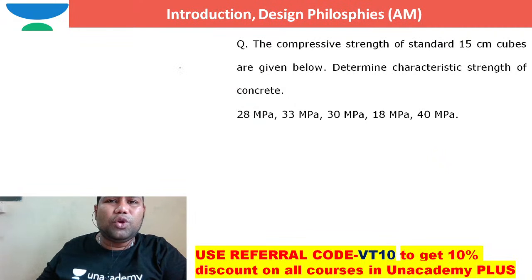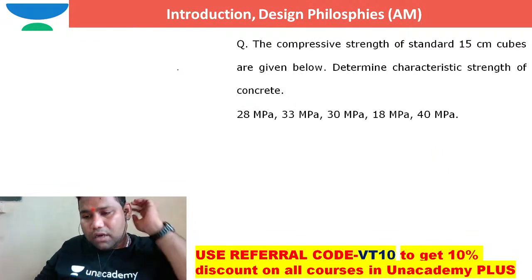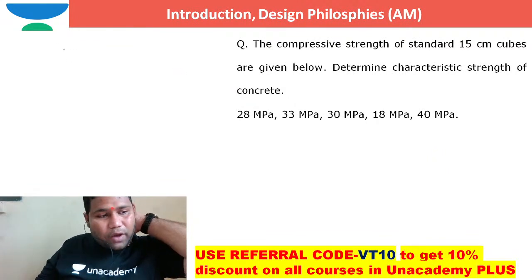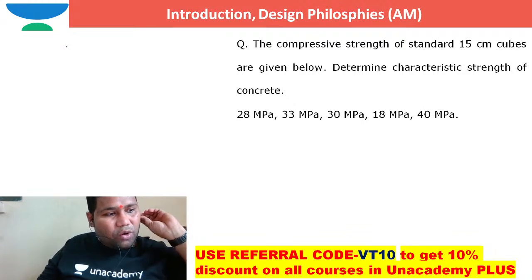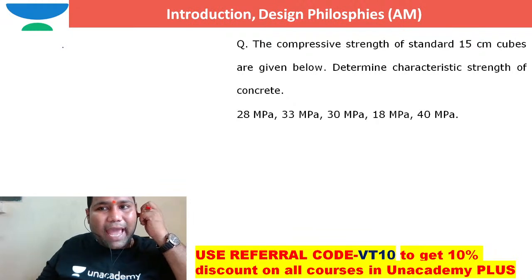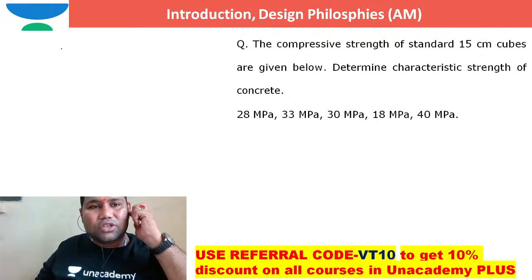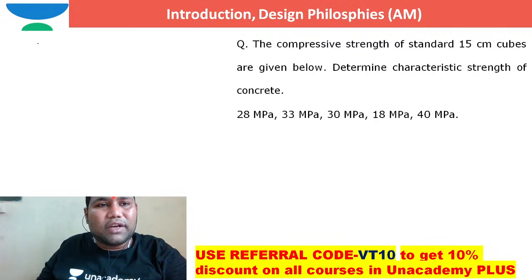So I just want to give a small example. Some people will ask me a question, sir, how to work out the characteristic strength of the concrete, and how to work out the design strength?